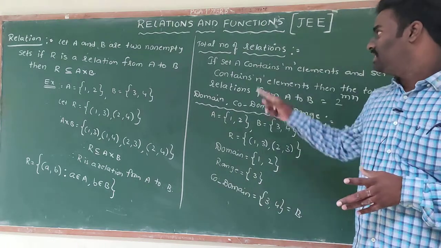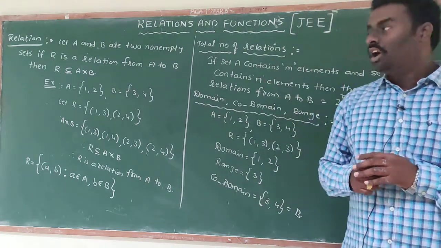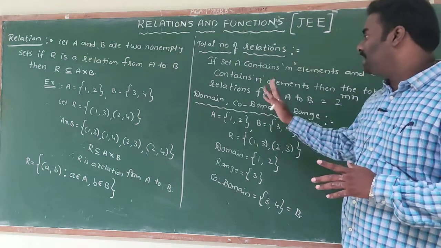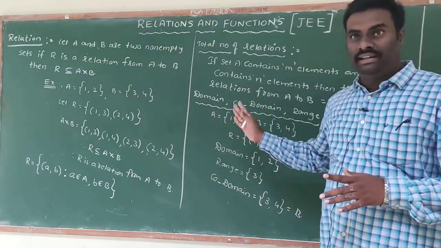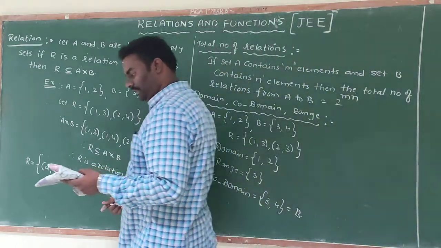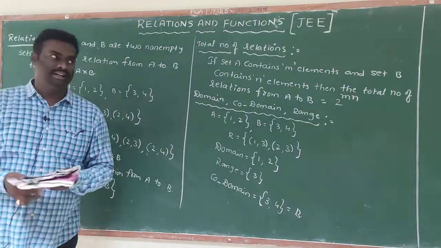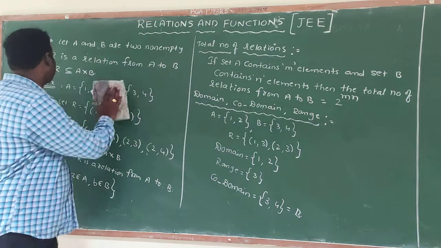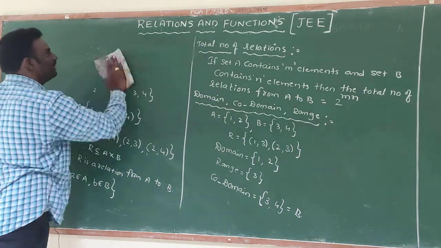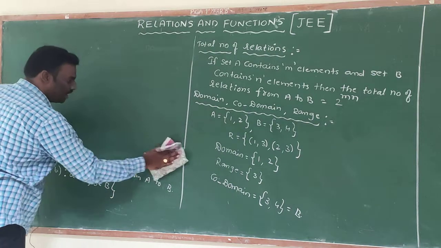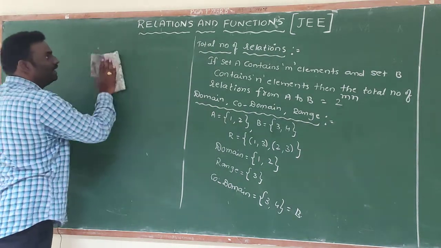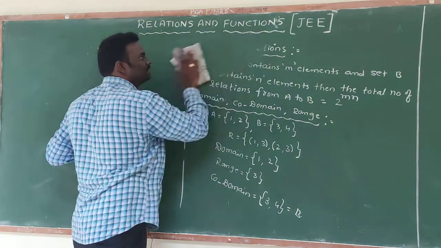So this is what is meant by relation, how to find the total number of relations, and what is meant by domain, codomain and range. This is the first concept in relation. Next we will discuss types of relation. How many types of relations are there?